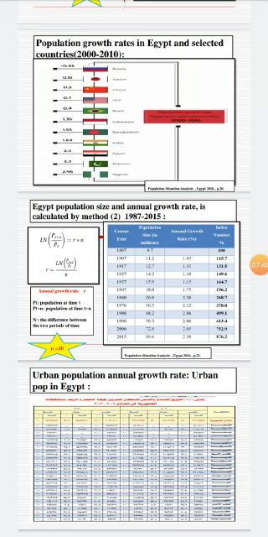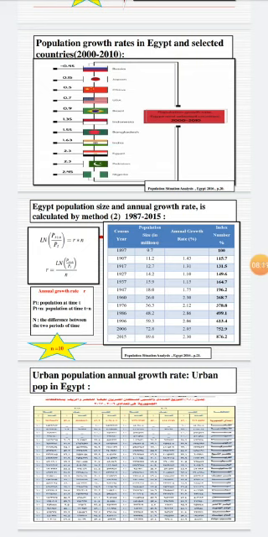Please use this table to calculate by yourself each annual growth rate between two periods of time in this table. It's very important to be sure that you can use the second method to calculate the annual growth rate.